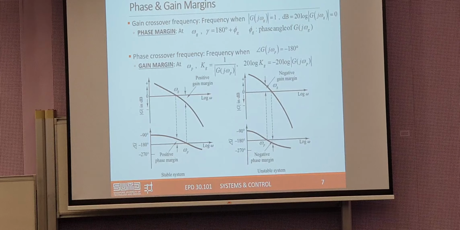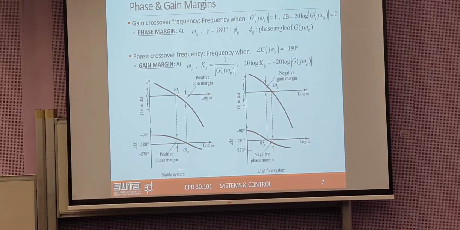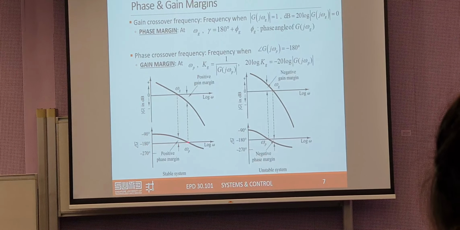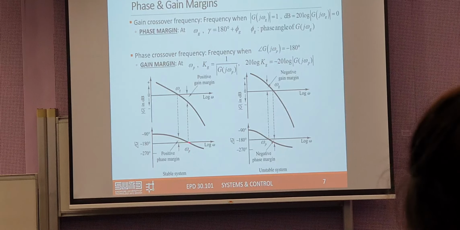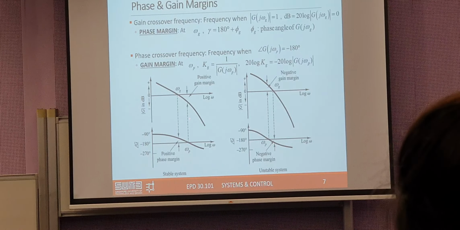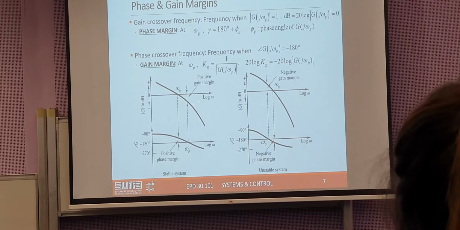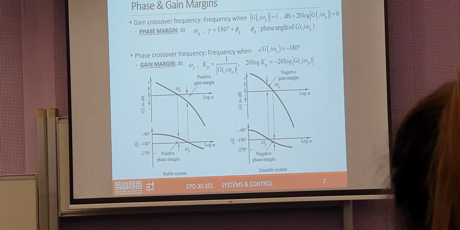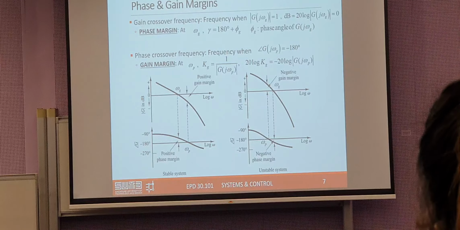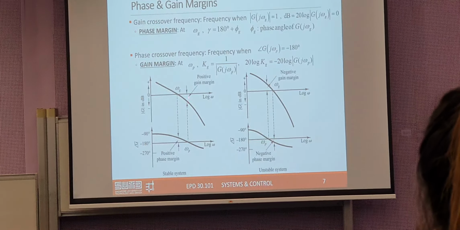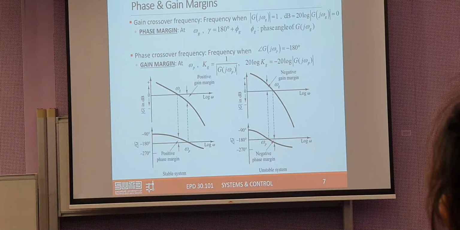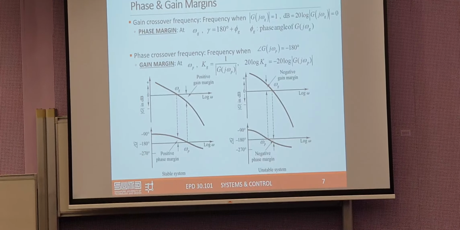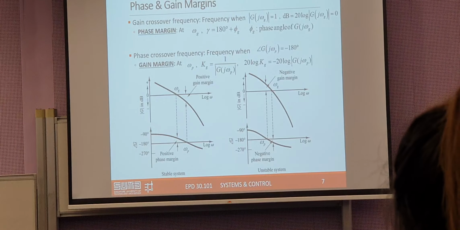So you look for minus 180 degrees, intersect the line, then at this frequency we go up, and there are only three possibilities. You are on the exact line, 0 dB, which is actually 0 gain margin. If the graph is below the 0 dB line, this is positive gain margin.